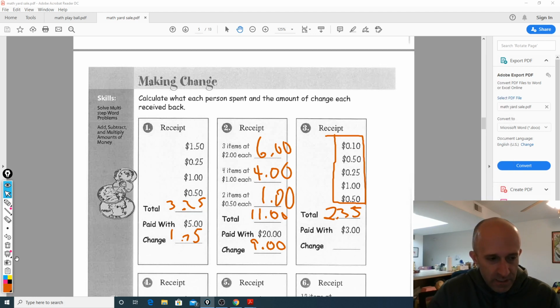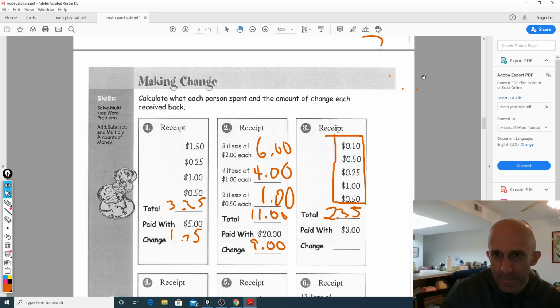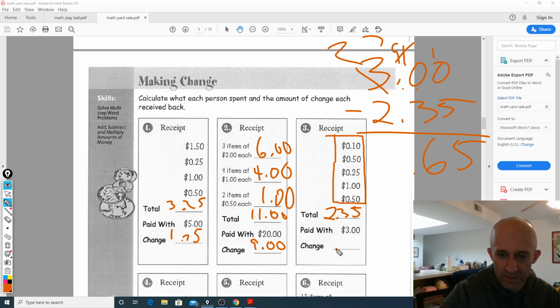If I paid with a $3 bill, oops, there we go. If I paid with a $3 and I subtract our $2.35 from there, our 10 becomes a 5, and the answer will be 65 cents.